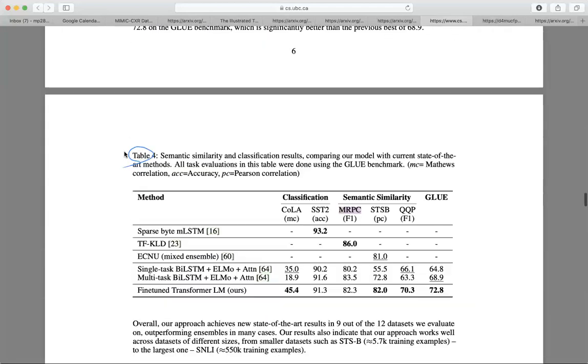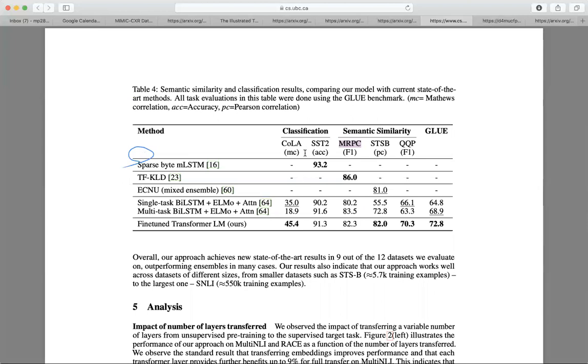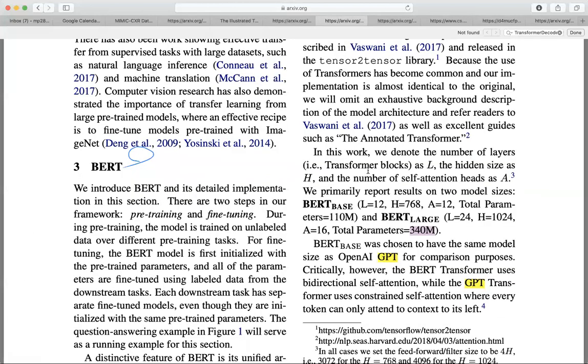And after they pre-trained it and fine-tuned it on various classification tasks or semantic similarity tasks, they were outperforming the previous state of the art. So that is GPT-1, and now let's move on to BERT actually, which is a bit more interesting.